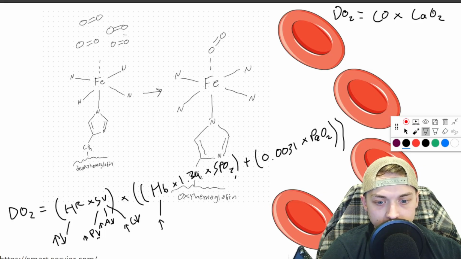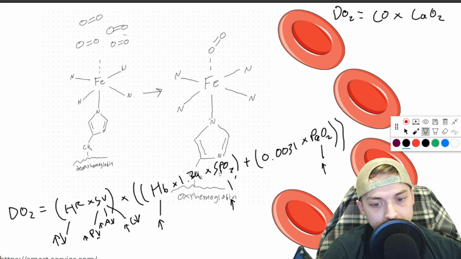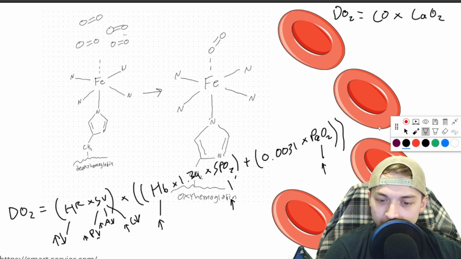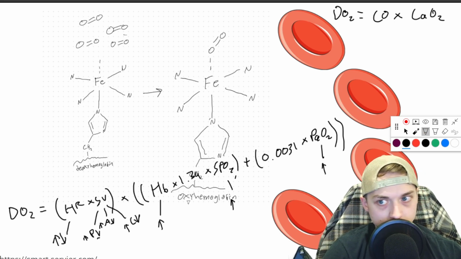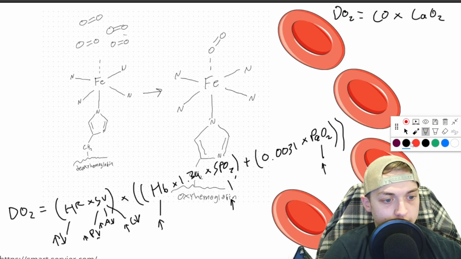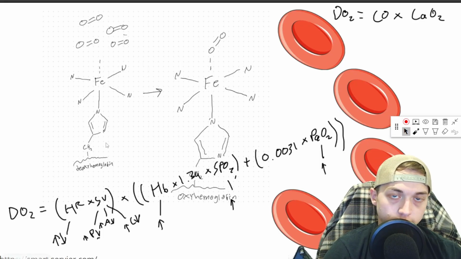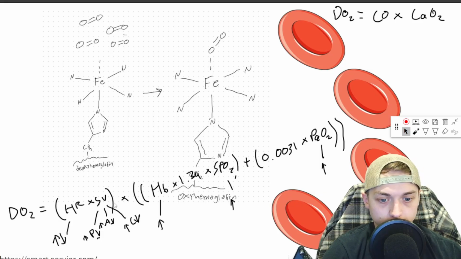So we can increase this, or if you're hypoxic, we can increase this, and that would also increase the partial pressure of oxygen. So this is the expanded supply of oxygen equation. You don't need to know this, but you do need to understand why it is important and how it actually works, because when we're trying to treat someone who's in a shock state, we can basically manipulate any one of these parameters, right?